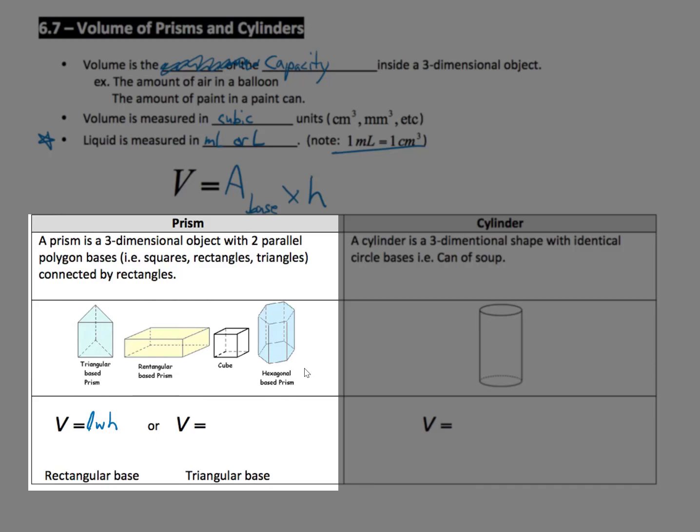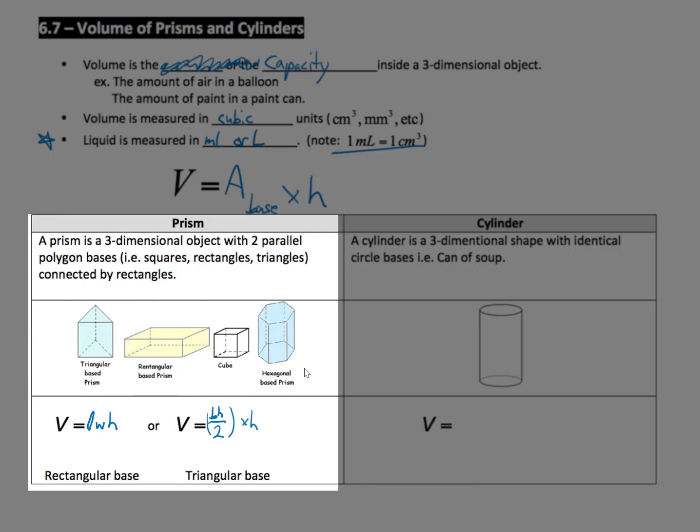Or in the case of a triangular base, so we're only dealing with rectangular bases and triangular bases right now, it's the base of the triangle, height of the triangle, over 2, because that's the area of a triangle, in brackets there, and then times height of the prism. I'll go into more detail about that. We're just basically finding the area of the triangle and multiplying it by the height of the prism.